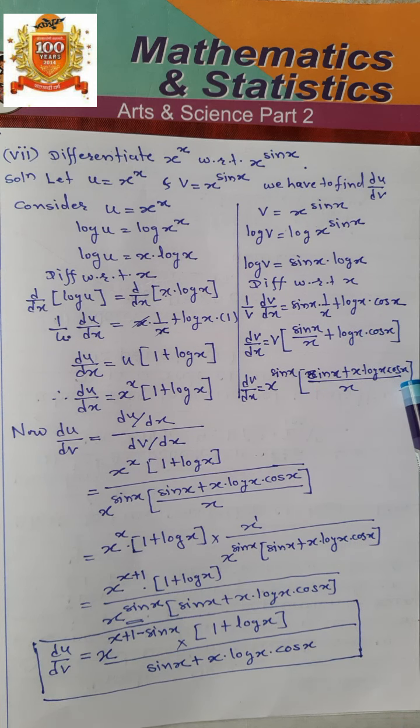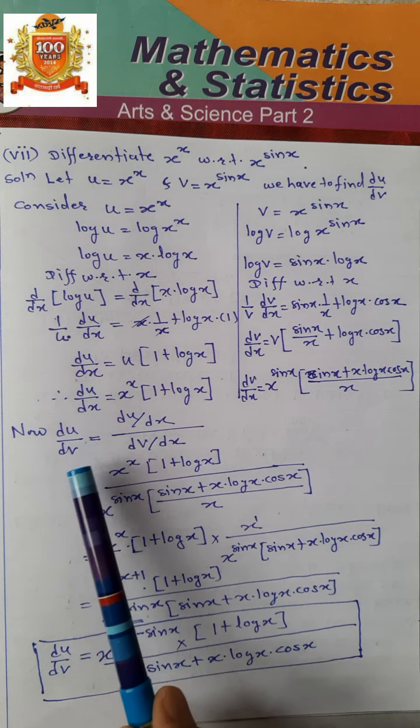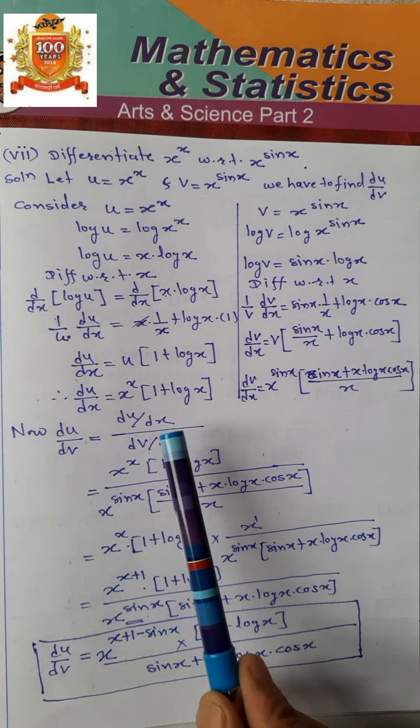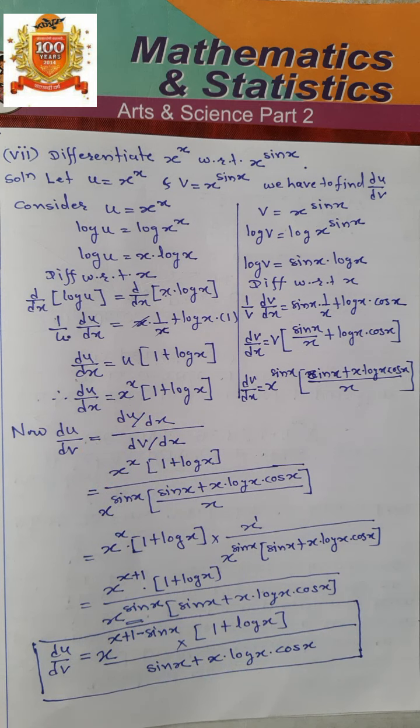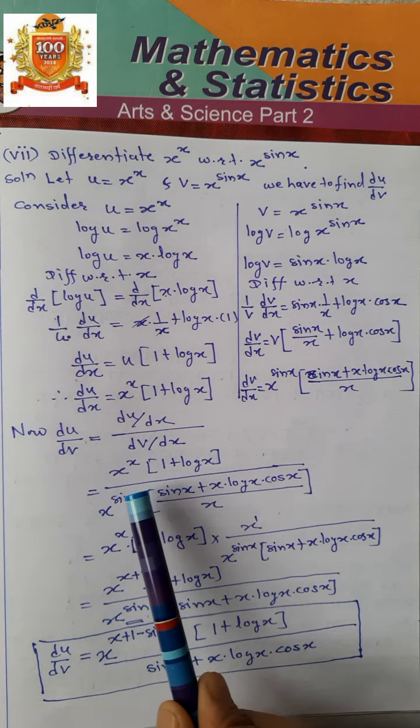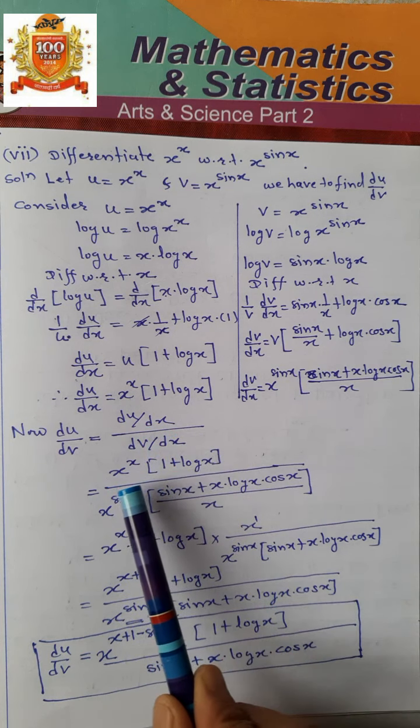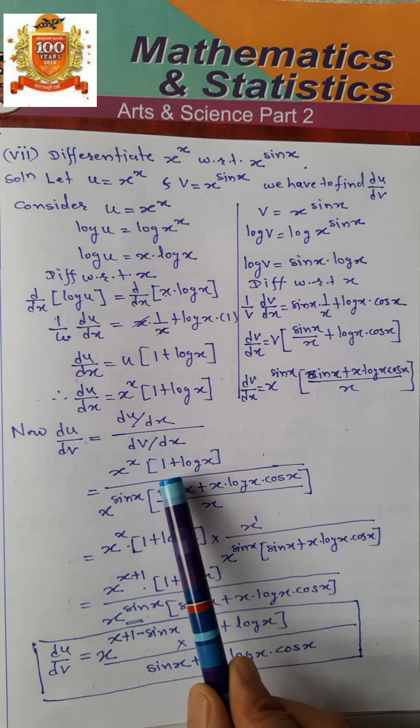Therefore, dv by dx is equal to, put the value of v, x raised to power sin x in bracket and do cross multiplication. We get sin x plus x into log x into cos x upon x. Isn't it? Now, du by dv is equal to du by dx upon dv by dx. Isn't it? Put the values. du by dx means x raised to power x in bracket 1 plus log x.